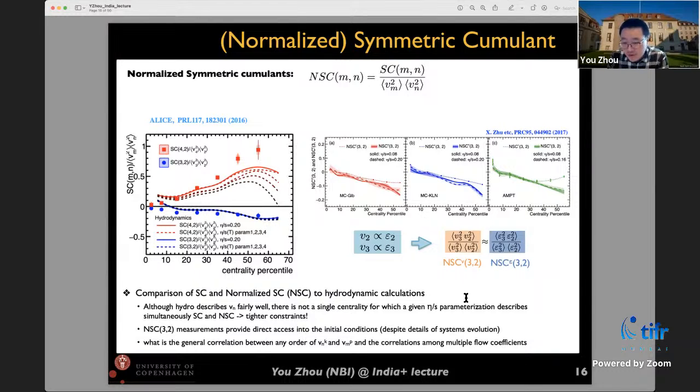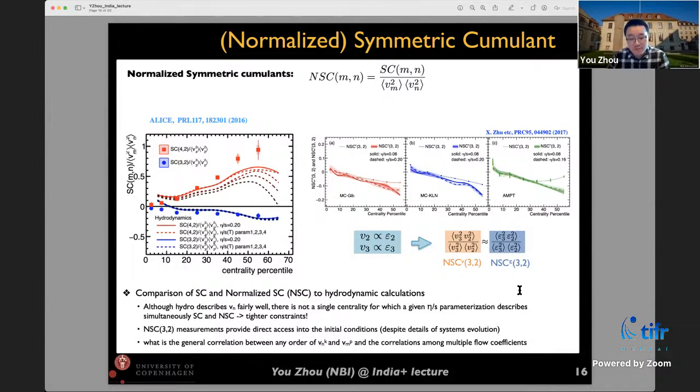And that is also very useful, in the sense that we can use the measurements of symmetric cumulant shown on the left-hand side to directly constrain your initial state model by constraining the correlations between epsilon 2 and epsilon 3, which is not easily accessed by the other flow measurements.